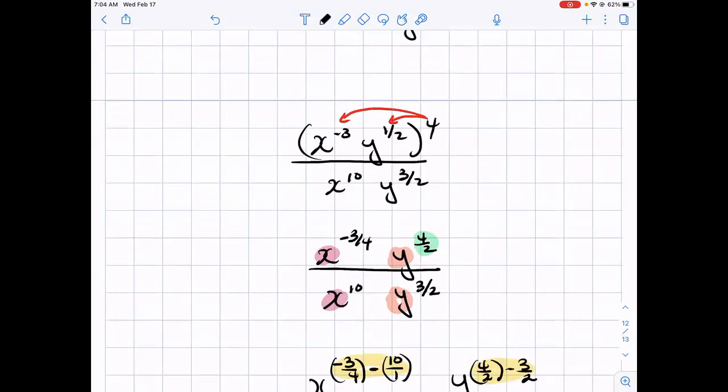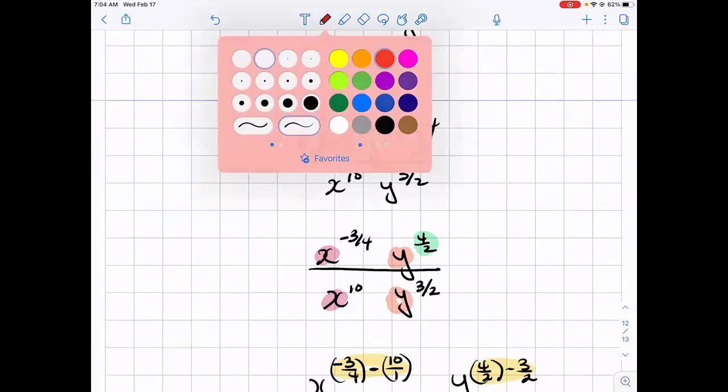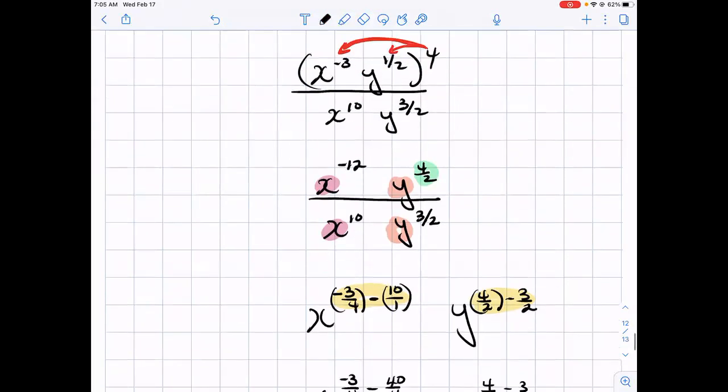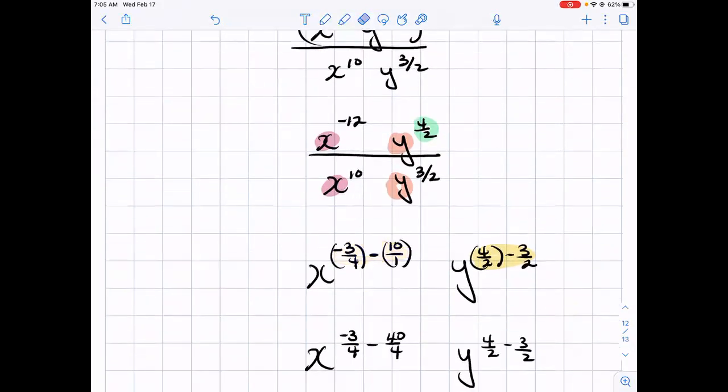Just observe that there's an error. Let's go back. When we multiply 4 times -3, this becomes -12. Okay. This is -12.